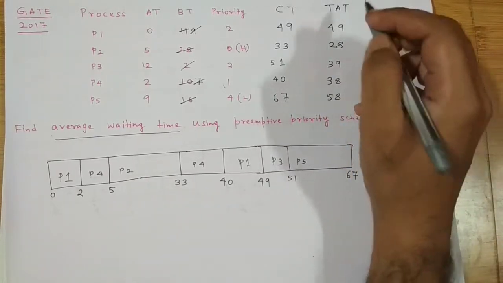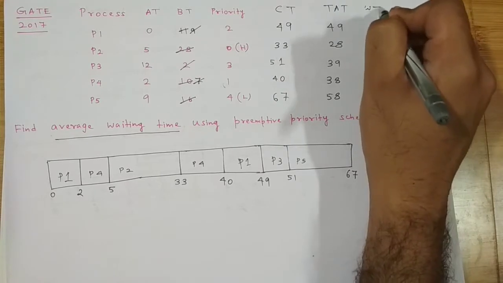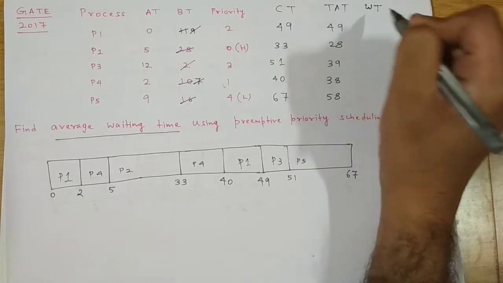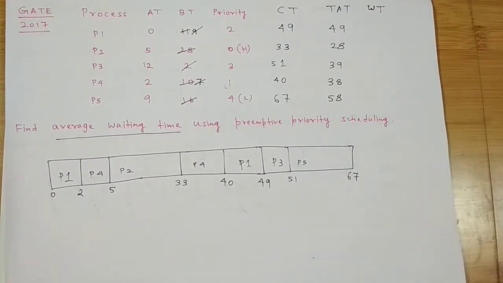Now I need the turnaround time in order to compute the waiting time, because waiting time is the time spent by a process waiting for the CPU. The time spent by a process executing on the CPU is given by the burst time.